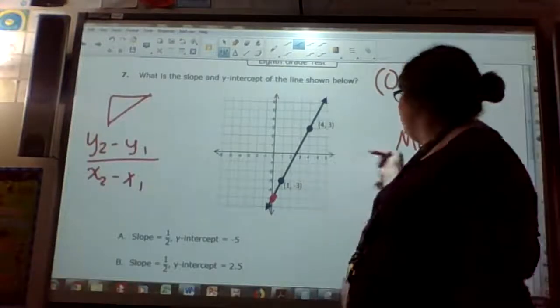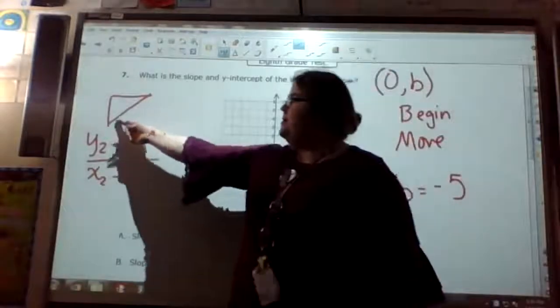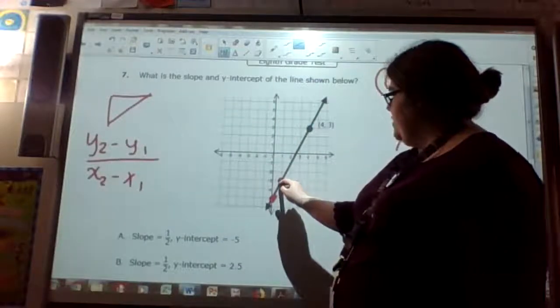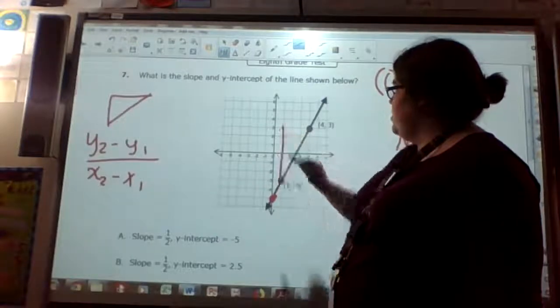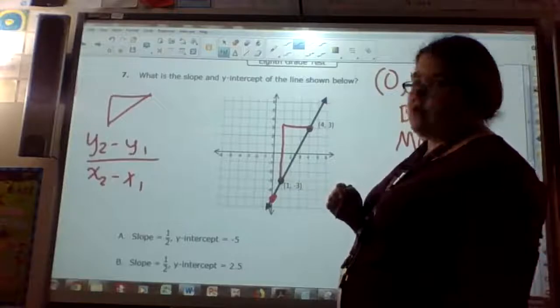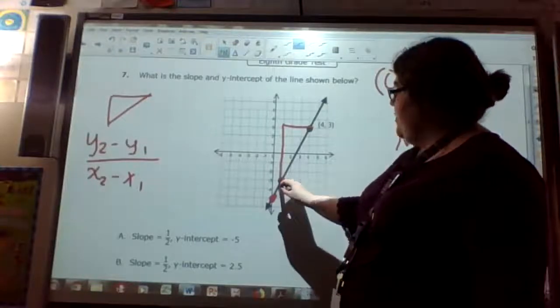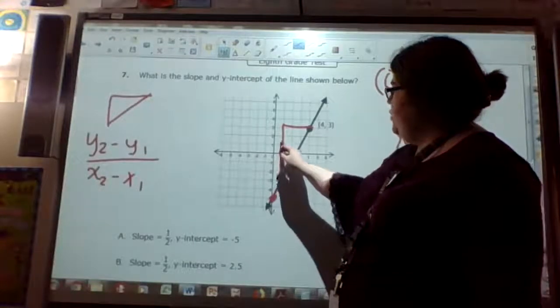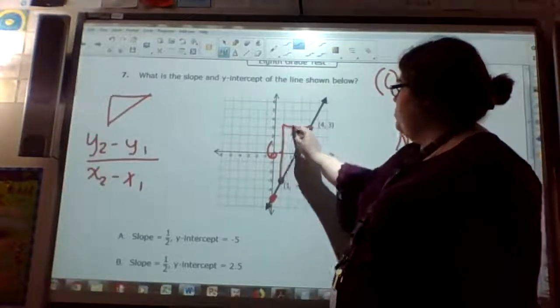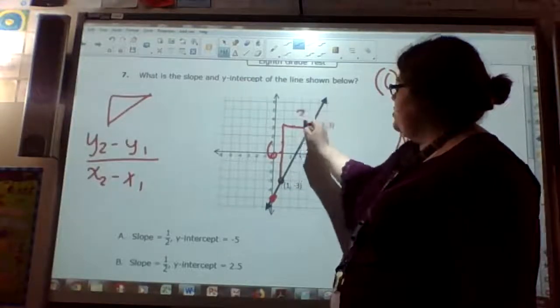How much I move is how much I rise over my run. So how much do I rise from this point to run right there. So I make that right triangle. I go up 1, 2, 3, 4, 5, 6. To the right, 1, 2, 3.